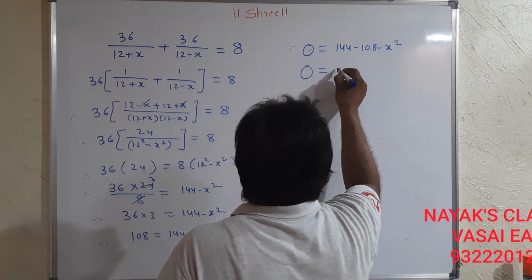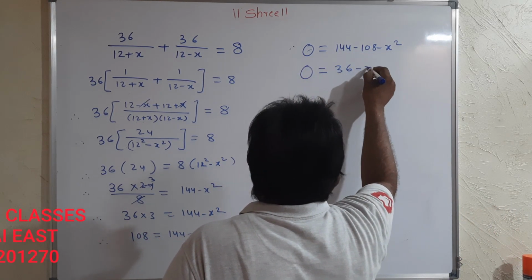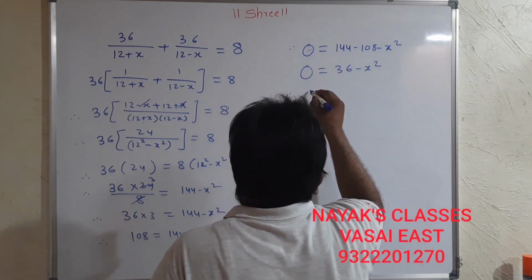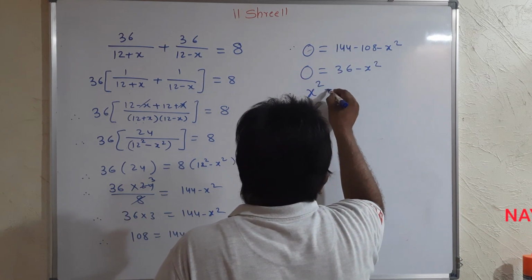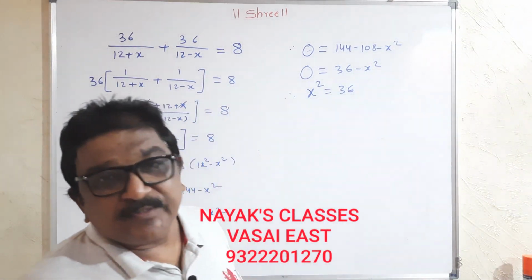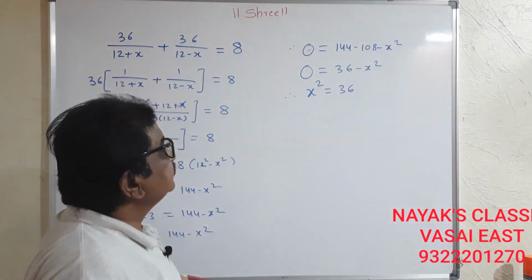So it will be 0 is equal to 36 minus x square. Take this x square to left hand side. x square is equal to 36.